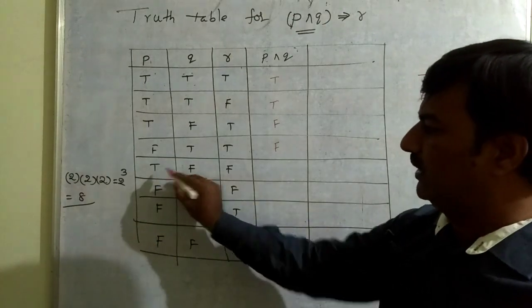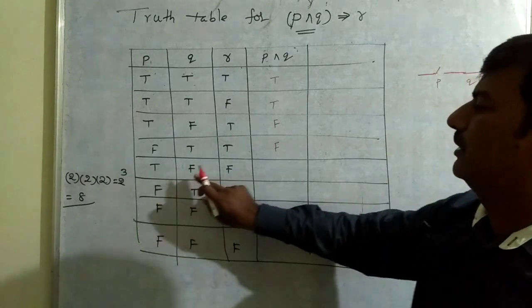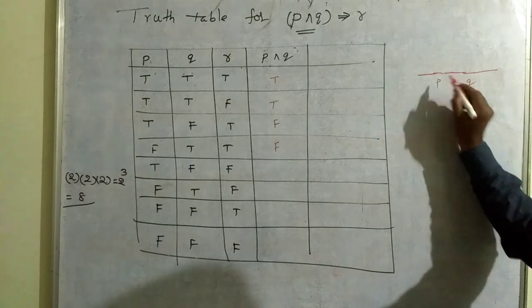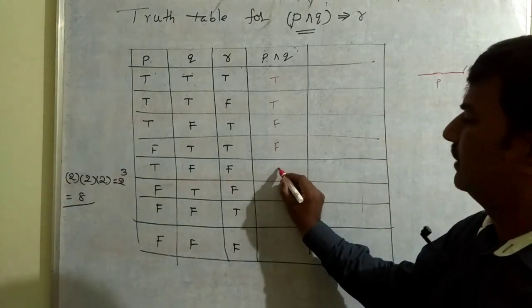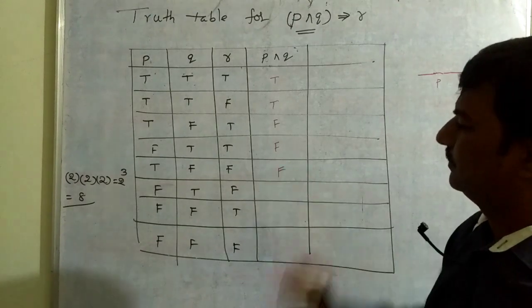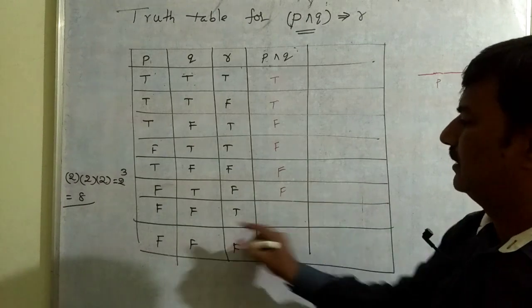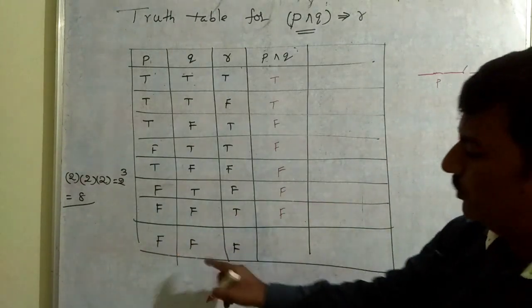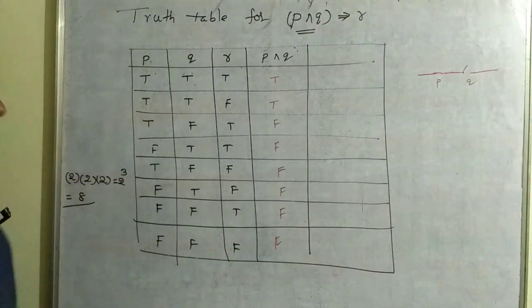So we go for the next: P closed, Q open, means current doesn't pass, so we'll get a false statement. Again, false true, doesn't pass. False false, both are open, means doesn't pass. That means this is the result we are writing.